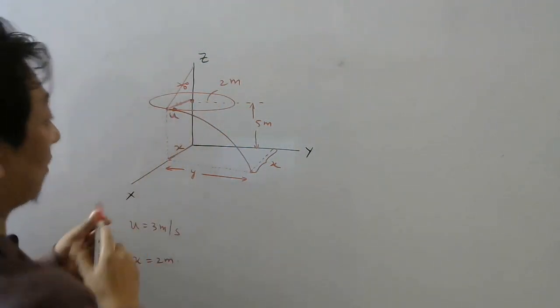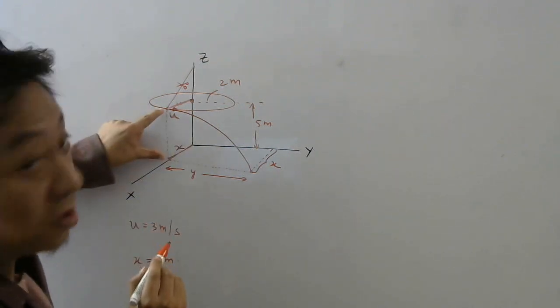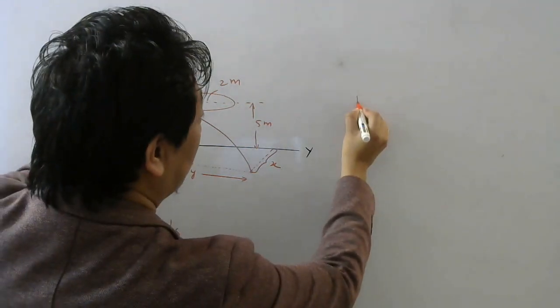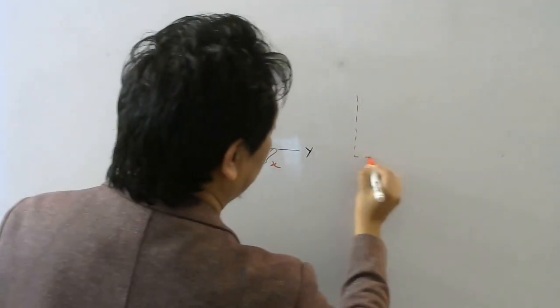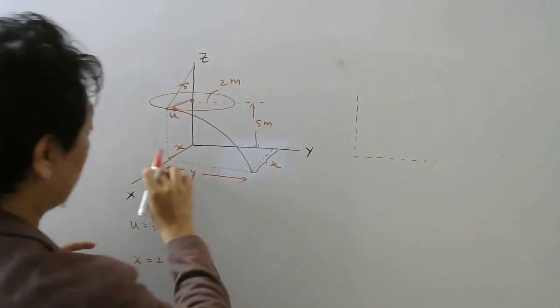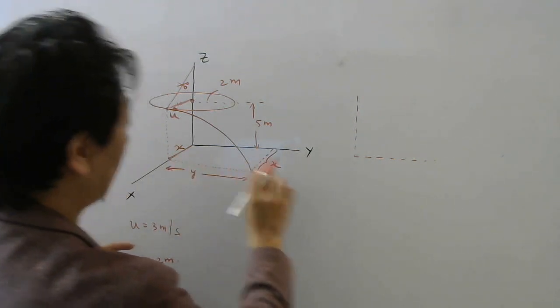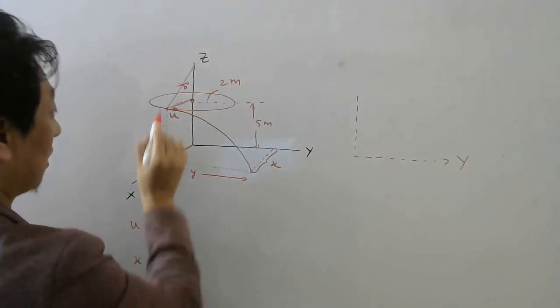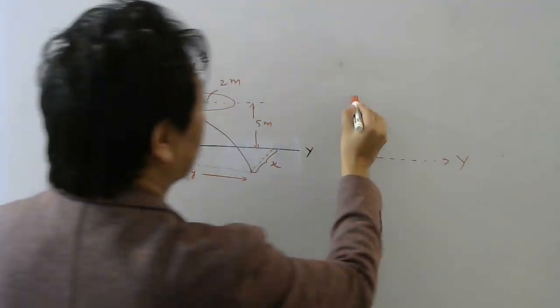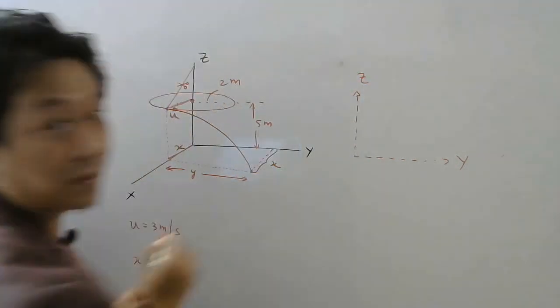So from this side, if I see this dot line, let me show this way, right? And this dot line, let me show this way. Now this dot line is your line parallel to y axis and this dot line is parallel to your z axis, right?